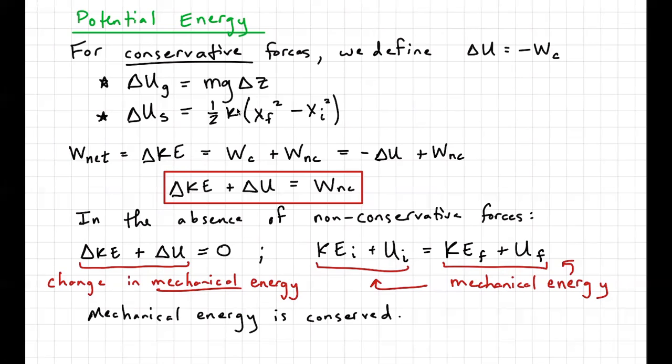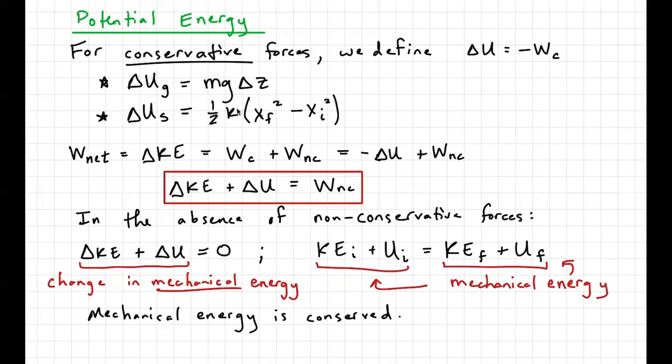So if I throw a ball upwards and gravity is the only force acting on it, as the ball goes up, the potential energy increases, the kinetic energy decreases. But when the ball gets to the top and starts coming back down, then on the way down, I get back the kinetic energy from the potential energy of gravity. So in a conservative force, you can always get that kinetic energy back out. You can turn potential energy into kinetic energy. That's not true of non-conservative forces.